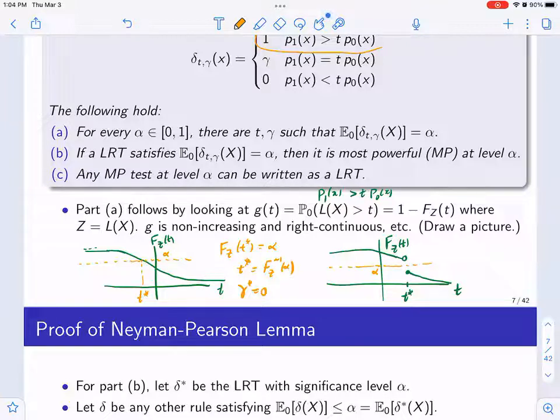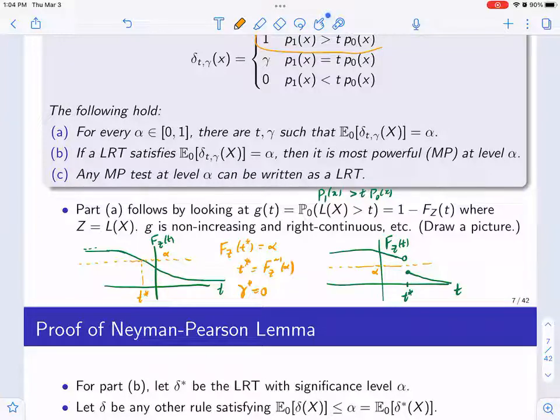I'm going to be either very close to the point which is hollowed, or this solid point. So there's no way I can achieve that exactly. So that's where the randomization comes in. By randomization, I can get any points between these two, basically. So in that case, you're going to set t star to be exactly this t star, the point of discontinuity.